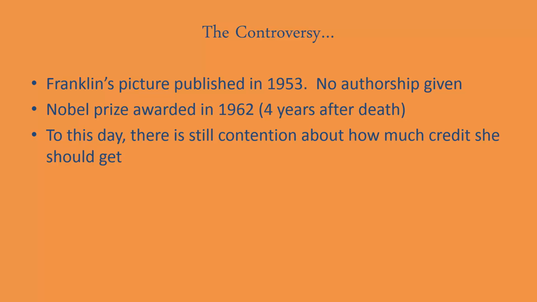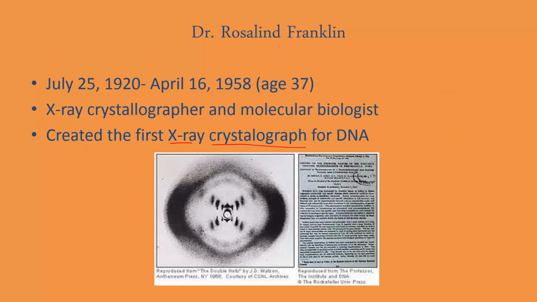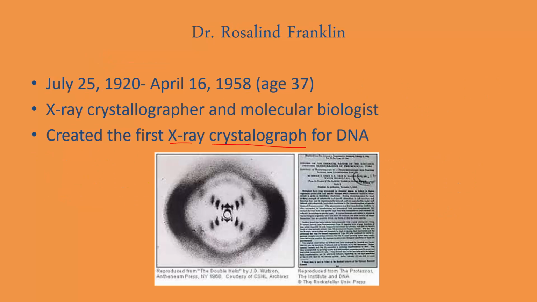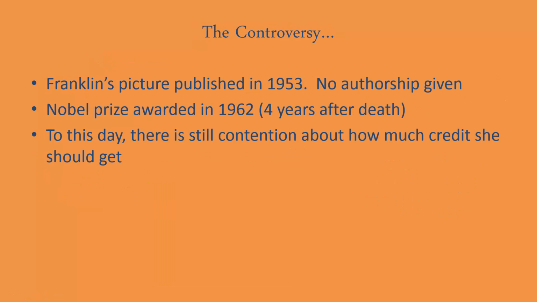So there's some controversy here because they really don't know how much credit Dr. Rosalind Franklin should have gotten for this Nobel Prize, because remember, she took this picture in 1953 showing that double helix, which is what Watson and Crick did a little bit later on. She passed away in 1958. So the controversy is she produced the picture first, but there was no authorship given. She passed away, so they gave the credit to Watson and Crick, or so the controversy goes.